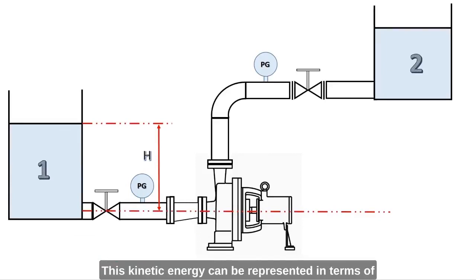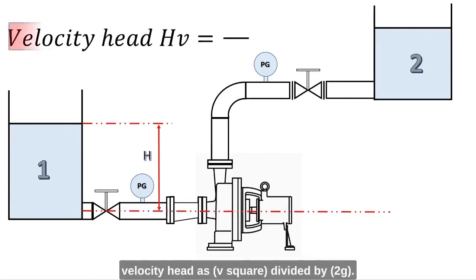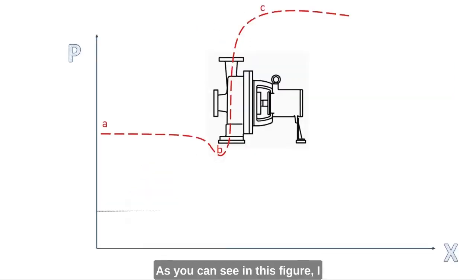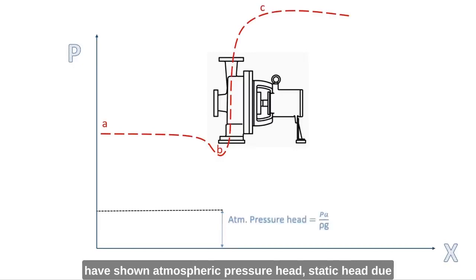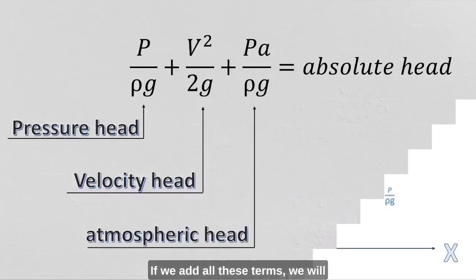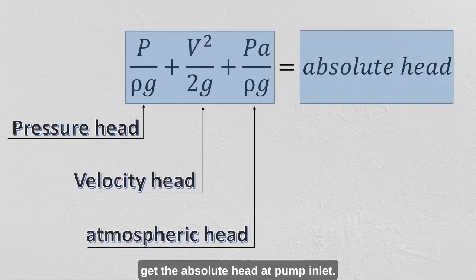This kinetic energy can be represented in terms of velocity head as v square divided by 2g. As you can see in this figure, I have shown atmospheric pressure head, static head due to water column H, and velocity head. If we add all these terms, we will get the absolute head at pump inlet.